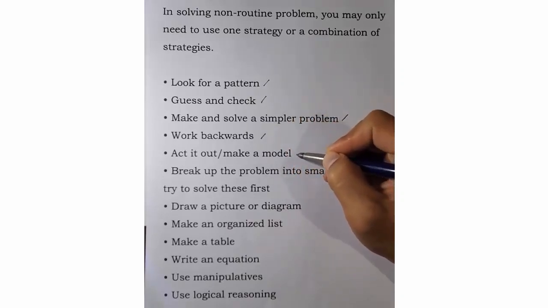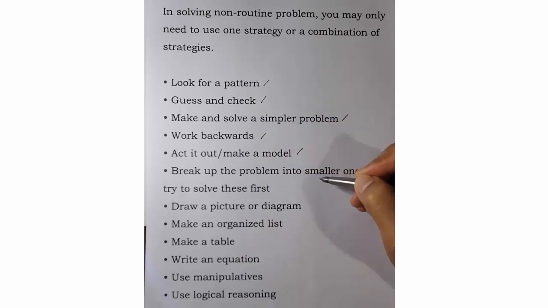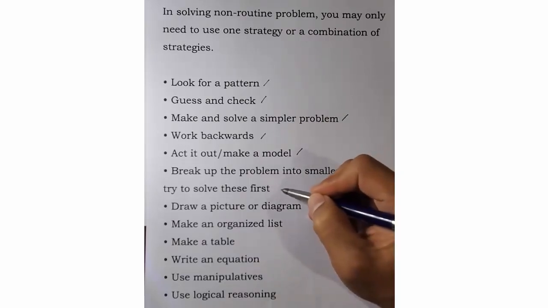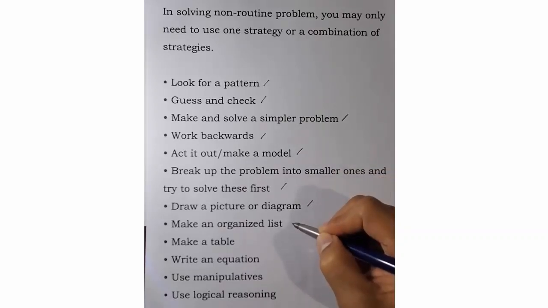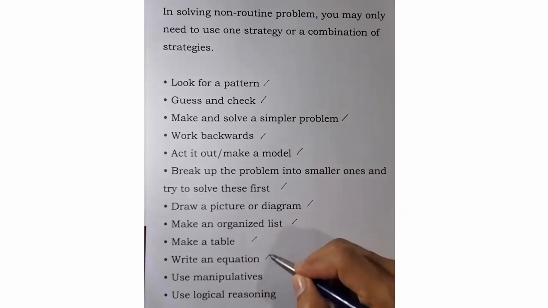We could act it out or make a model. We could break up our problem into smaller ones and solve those first. We could also draw pictures or diagrams. We could make an organized list. We could make a table. We could use an equation. We could use manipulatives, and of course, logical reasoning.